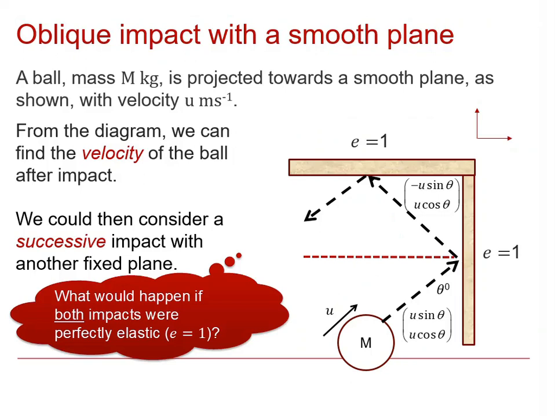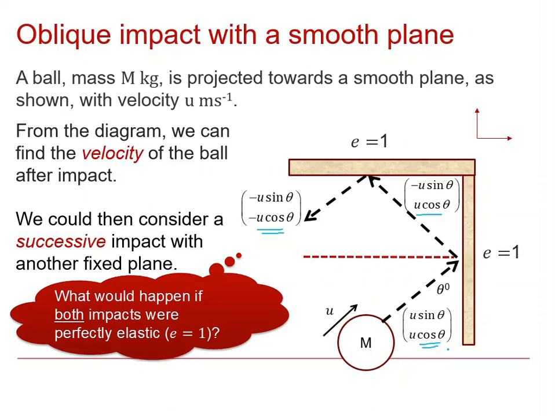So far that doesn't give any obvious resonances, but if we apply e equals 1 to the second case, notice this time it's the lower component that's multiplied by minus 1 and the upper one that's unchanged. Now compare the final velocity with the first velocity, and you can see that the two are exactly the same except that one has a minus sign in front of it. That means that in this setup the incident velocity is exactly reversed by that kind of impact.